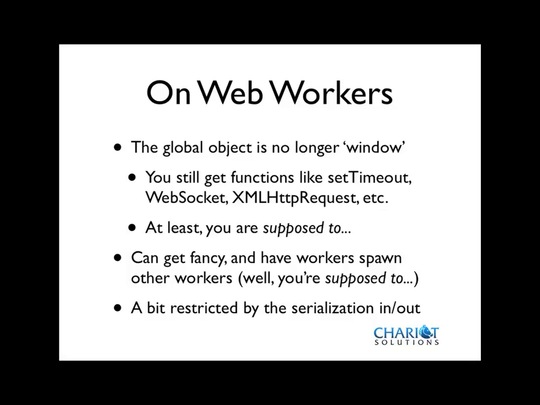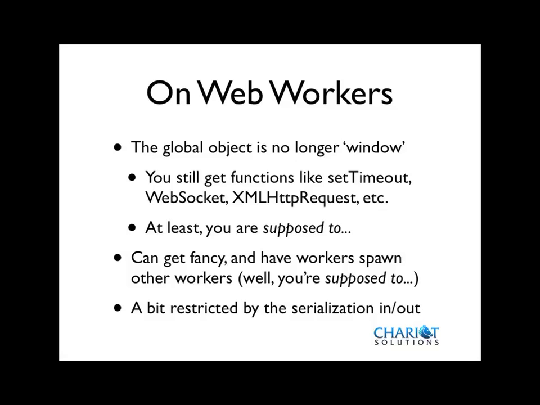Some things to note about this web worker script. There's no window object anymore. You can't use a window object to access the DOM or to create a WebSocket or to use an XML HTTP request or something like that. Instead, there is a global object.